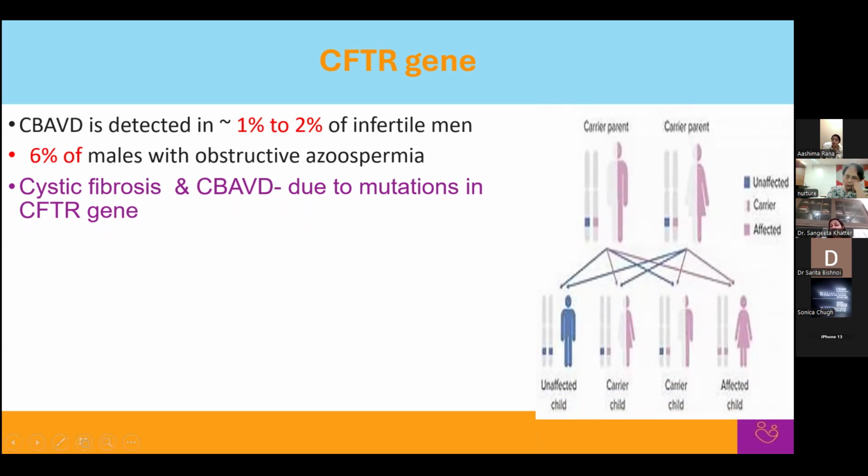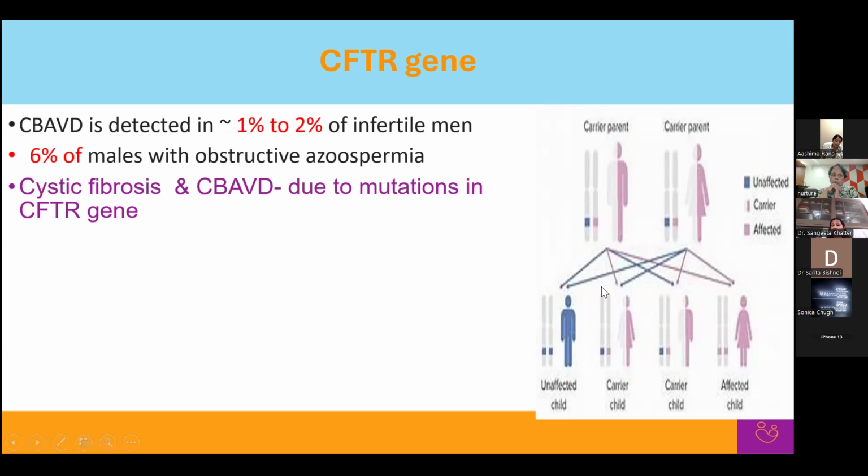That means if parents are carriers, I have shown these two copies of the chromosome. One is defective, in red, another is normal, in blue. So, if parents are carriers, that is they are having one copy of the defective CFTR gene, they can have 25% chances of having an affected child with cystic fibrosis, which is the severe form.